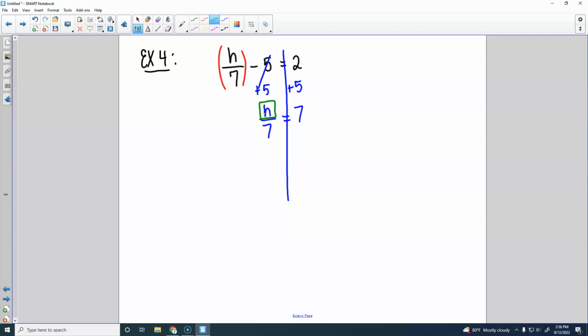Anna Grace, what do I do to get rid of that 7 that's in that denominator? Good. I'm going to multiply by 7, which will cancel over here. Multiply by 7 over here. So h will equal 49.